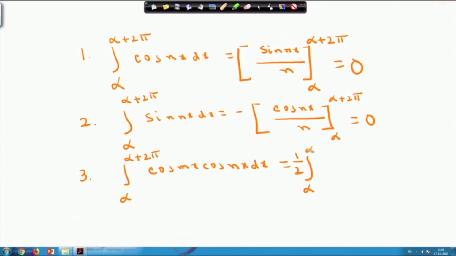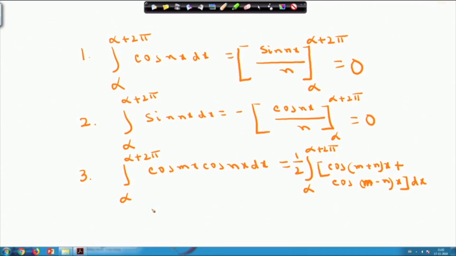If you do this, it becomes the integral from alpha to alpha plus 2 pi of cos of (m plus n) x plus cos of (m minus n) x dx.